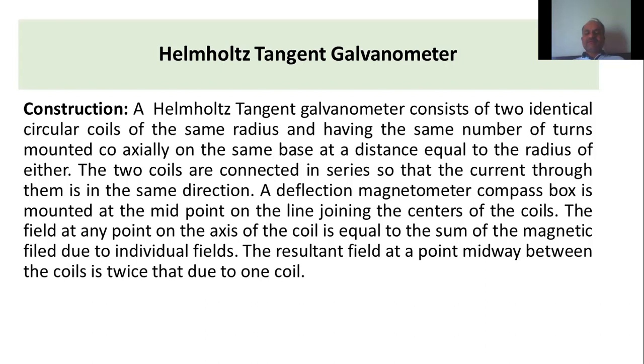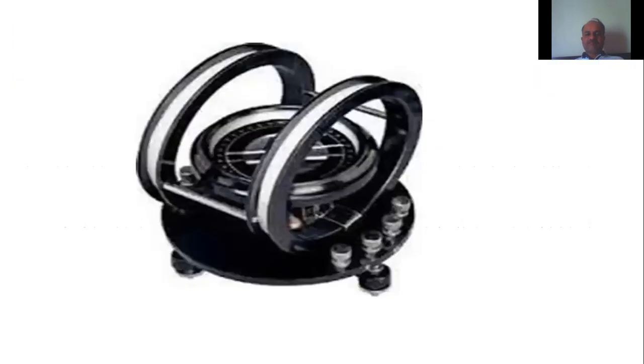Generally, at the center of the coil, the magnetic field is a maximum. But when there are two coils which are kept very close to each other, then along the axis which passes through the center of both the coils, at the middle of those two coils, the magnetic field will be double the field due to one coil. So this is about construction.